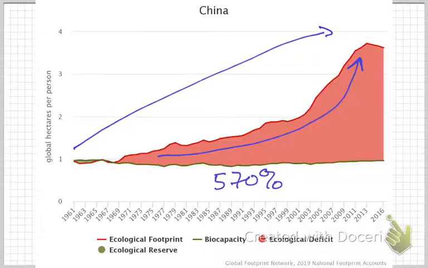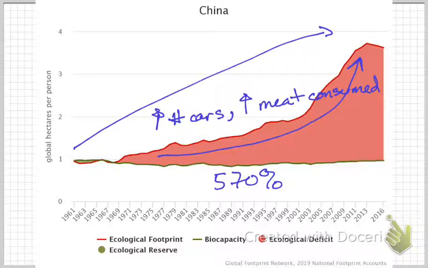Now, what drives this? Again, thinking about that demographic transition, it's countries going through that process as they become wealthier, right? You're going to increase the number of cars on the road. People can now afford cars. You're going to increase meat consumption. Generally, wealthier populations move up the food chain, if you will.